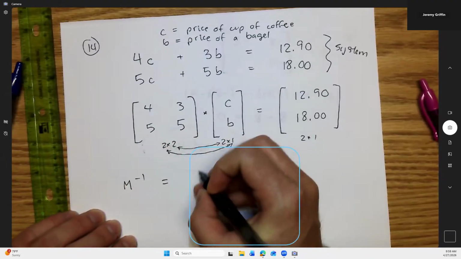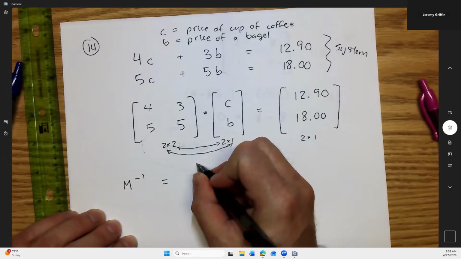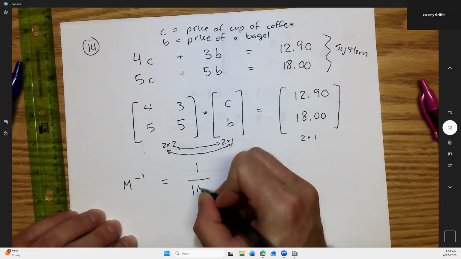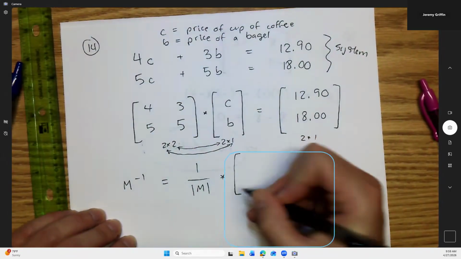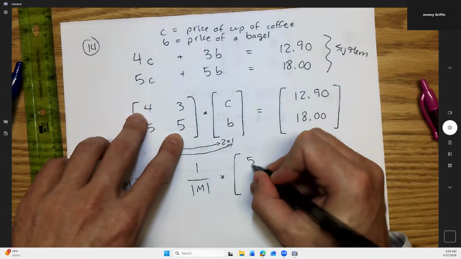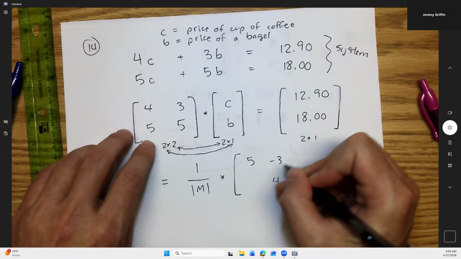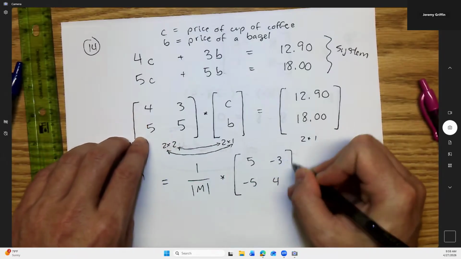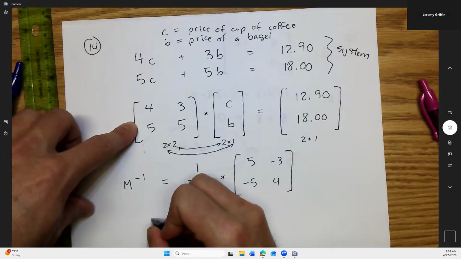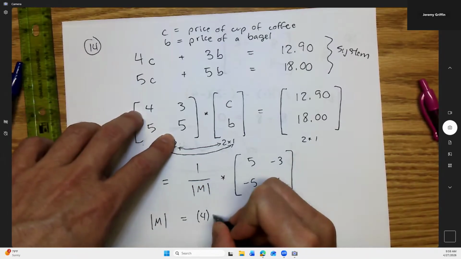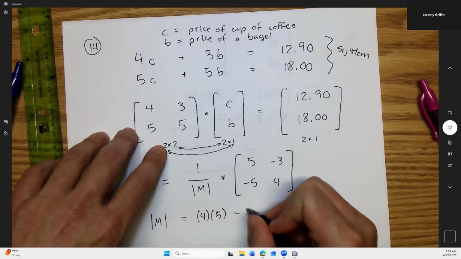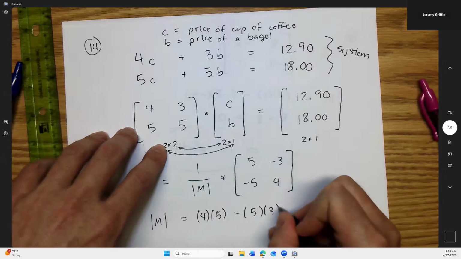So for the inverse matrix, I need 1 over the determinant, and then times the matrix where I swap some things. So 5 and 4 swap places, and the other two entries become negative. But what was the determinant? It's 4 times 5 minus 5 times 3.